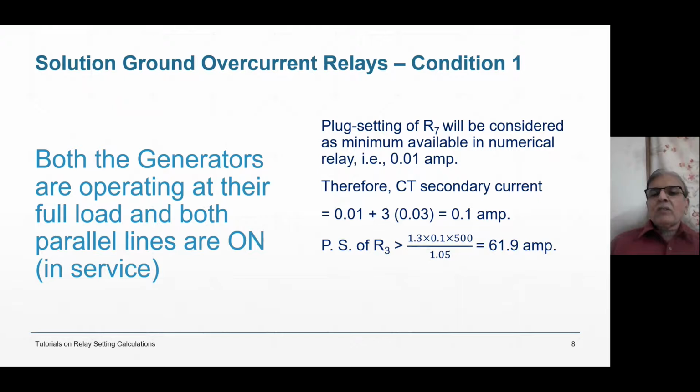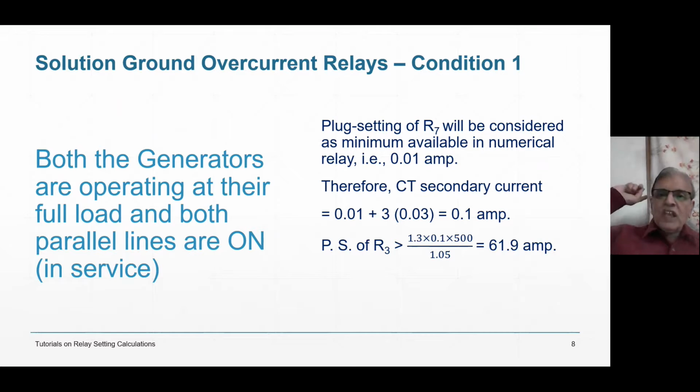Plug setting of R7 will be considered based on the minimum available in the numerical setting. Mind you, plug setting is not decided based on normal rated current in case of first fault, because normal rated current 0 is passing. So minimum available is 0.01, so for R7 we consider 0.01.